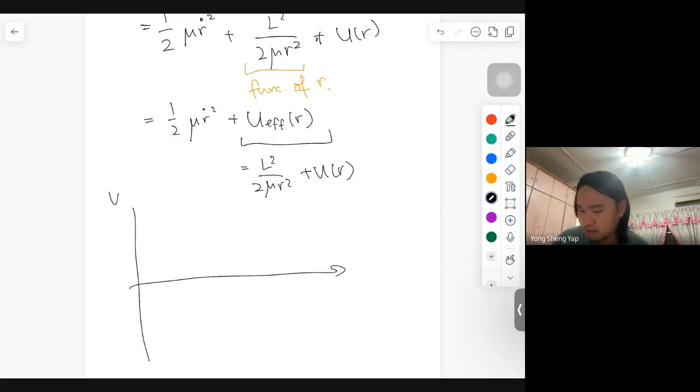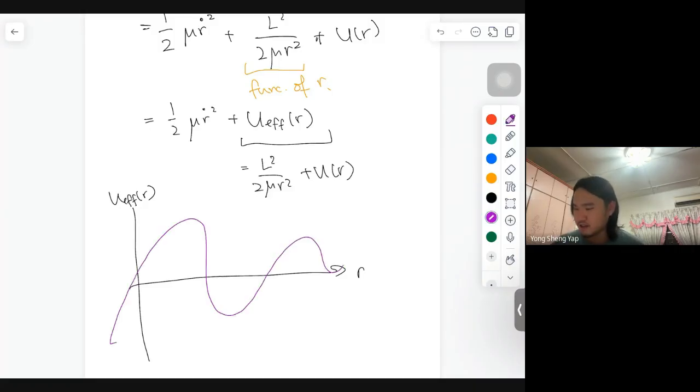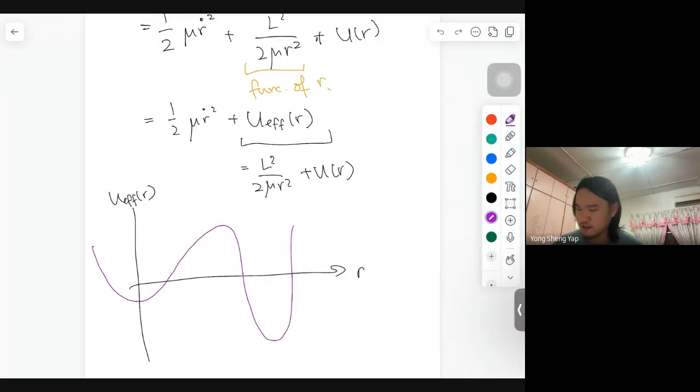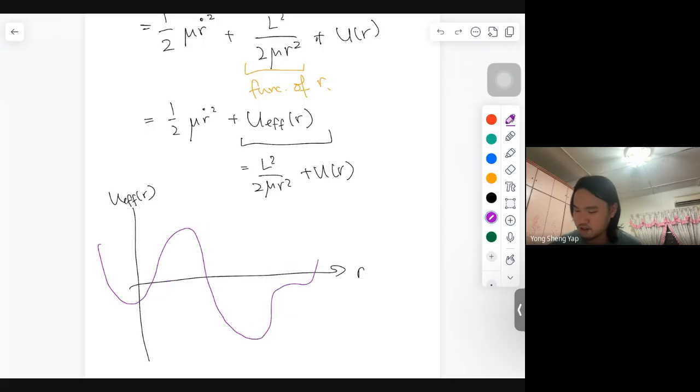If we plot out the effective potential with respect to r, let's just say it is some random curve over here, and the total energy of the system may be some value over here. Then we can understand what the dynamics are.